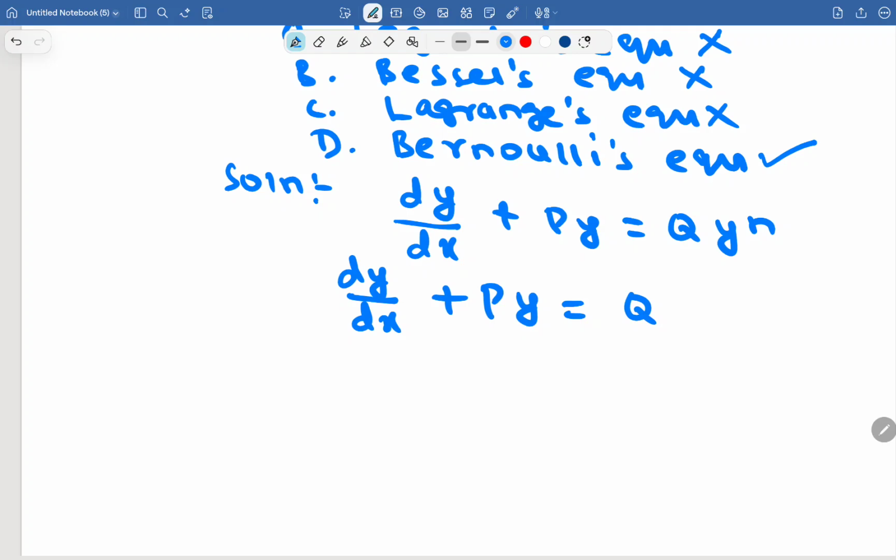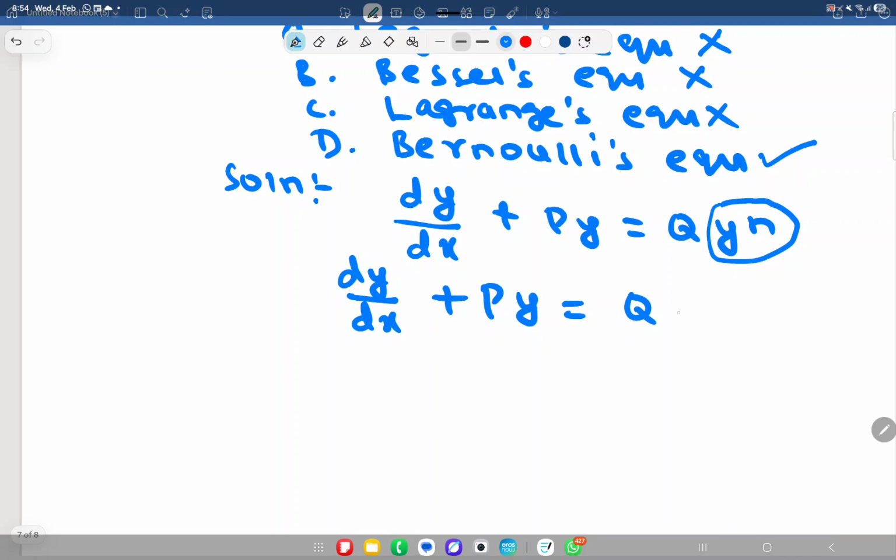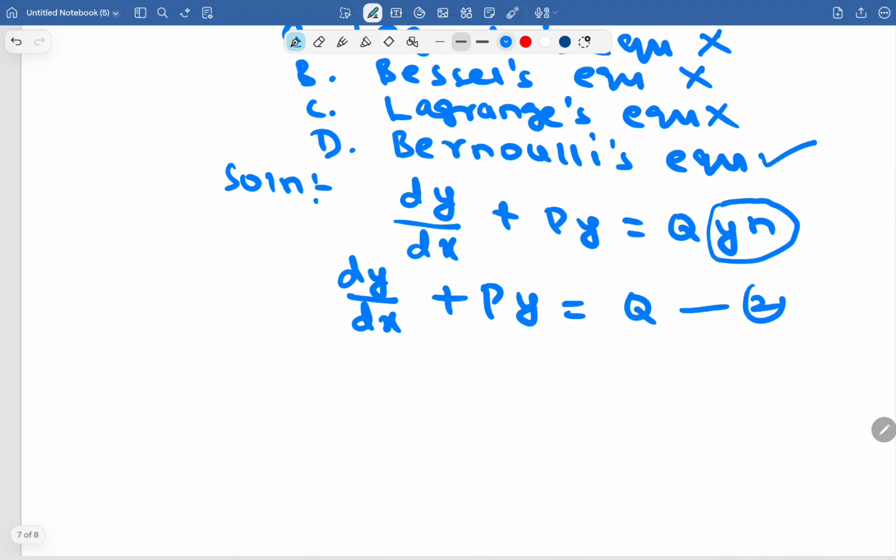The difference between Bernoulli and the first order linear differential equation is that along with q we have y power n, while in the second equation only q. Therefore the first equation is Bernoulli, the second one is a first order linear differential equation, linear in y.